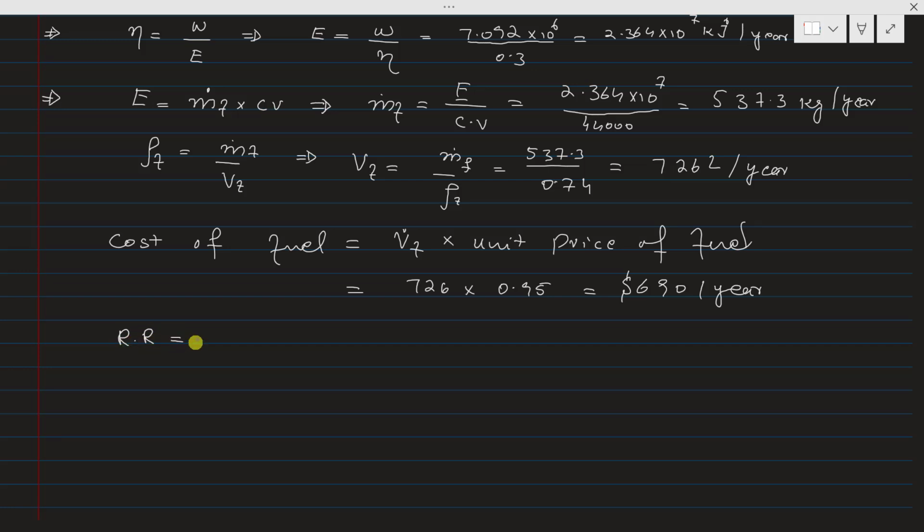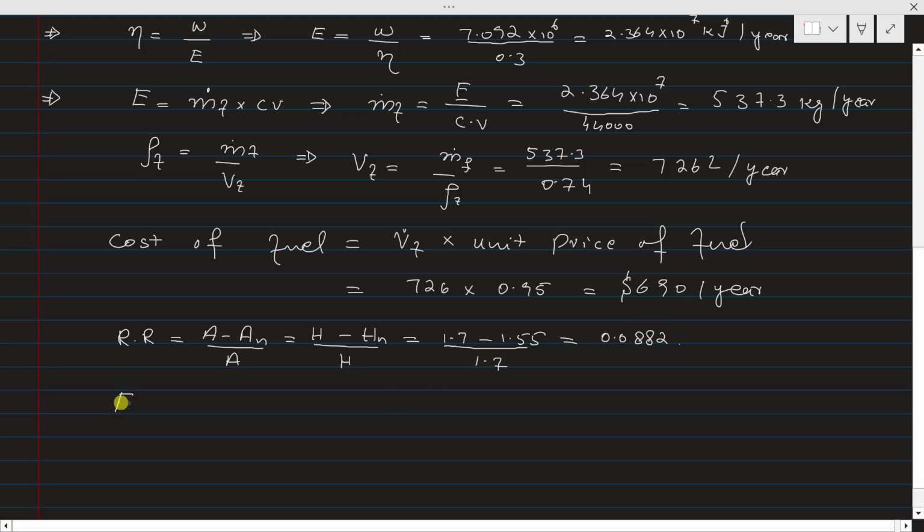So reduction ratio in frontal area is equal to A minus A new divided by A, and it is equal to original height minus new height divided by original height. Original height is 1.7 minus 1.55 divided by 1.7. We'll get the reduction ratio, that is 0.0882.